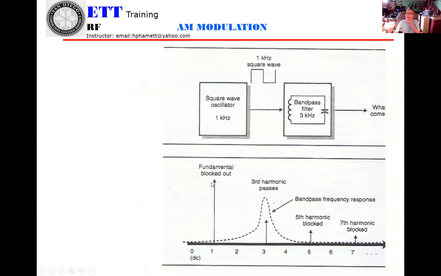Okay, now you can see this thing. Try to see if you can understand. You get a square wave oscillator. What is the oscillator? You can go into the electronic store and ask to buy an oscillator.